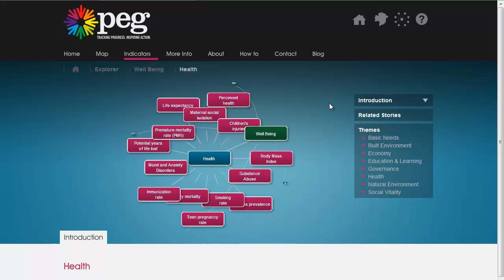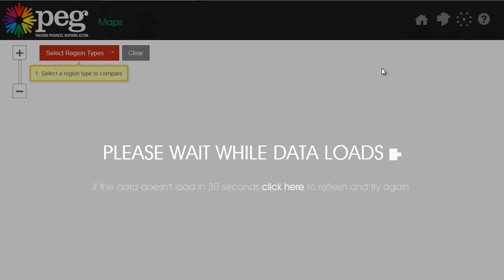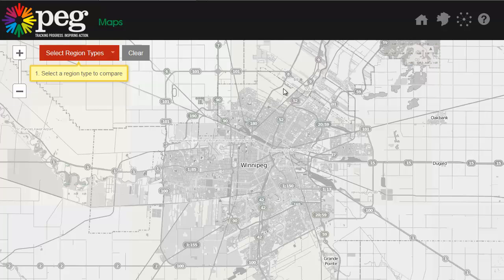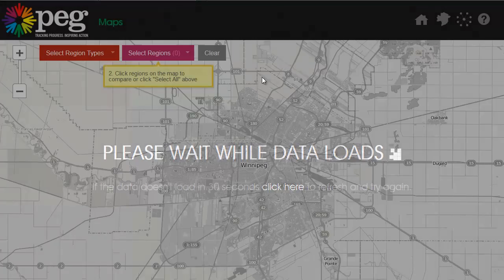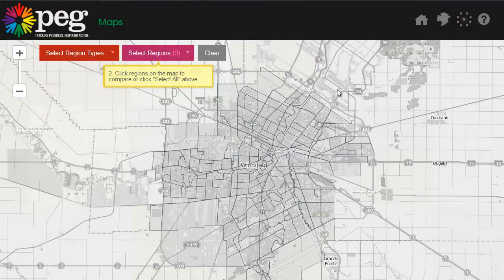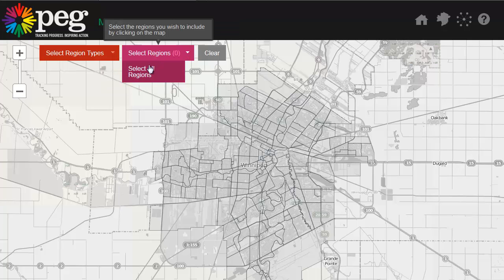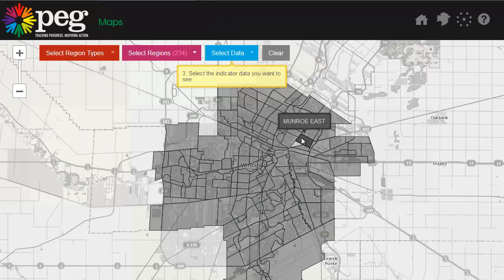And via this particular screen, you're able to navigate to particular topics and themes within those, as well as stories associated with them. You're able to see how these indicators affect the community in various ways. You can look at neighborhoods, for example, in terms of different types of data.